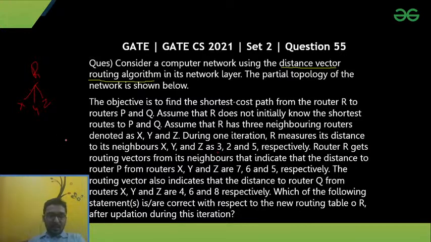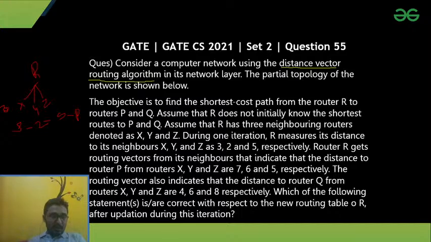They are telling in these routing vectors that P is at a certain distance from them.